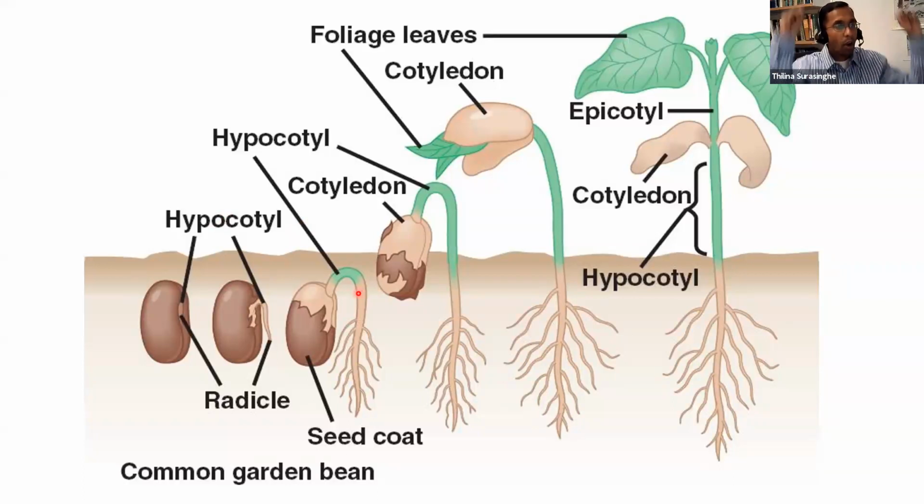When it gets longer, what you interestingly see is a curve, like a U-shaped thing, and that U-shaped part surfaces from the soil. So when you first see a seedling developing, the very first thing you might see is the hypocotyl.